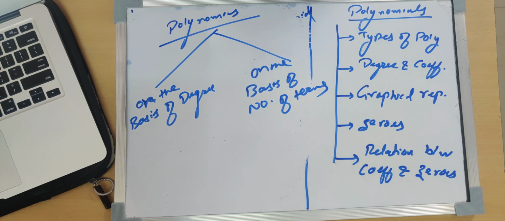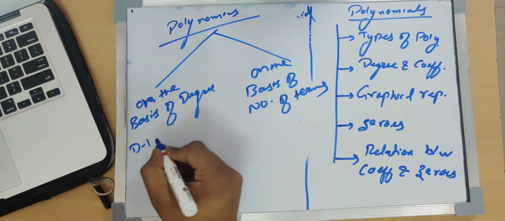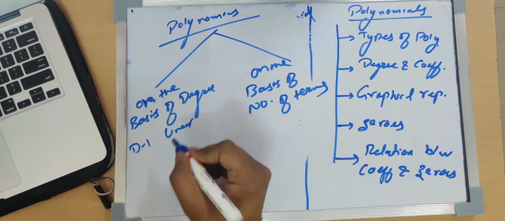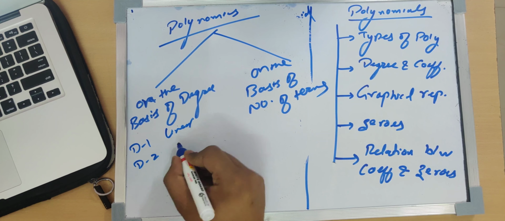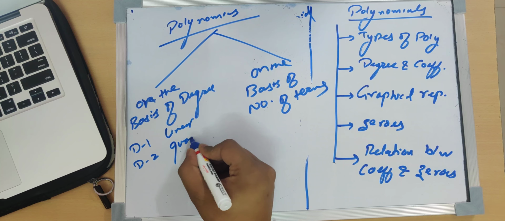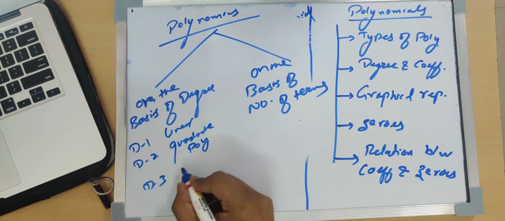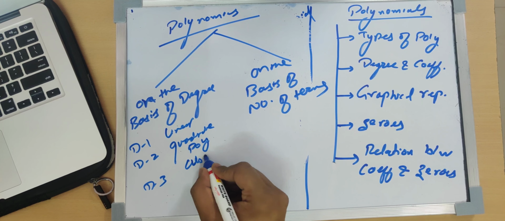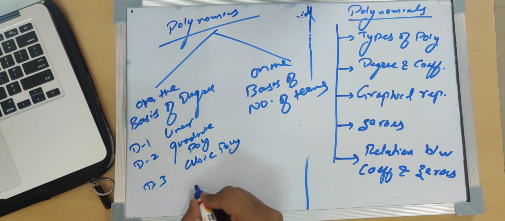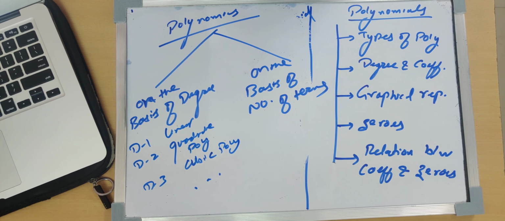On the basis of degree, let's suppose if the degree is 1, we call it a linear polynomial. If the degree is 2, we call it a quadratic polynomial. If the degree is 3, we call it a cubic polynomial, and so on. If the degree is 4, we will call it the polynomial with degree 4.